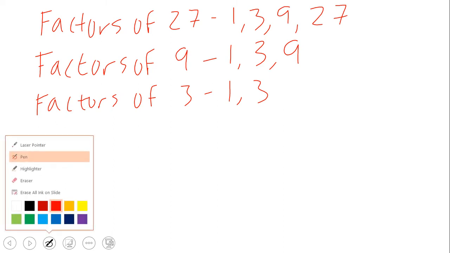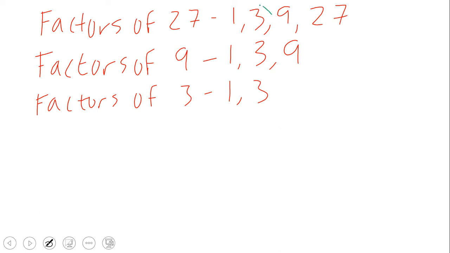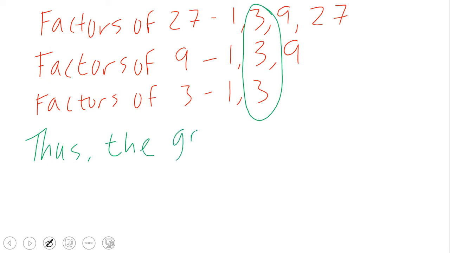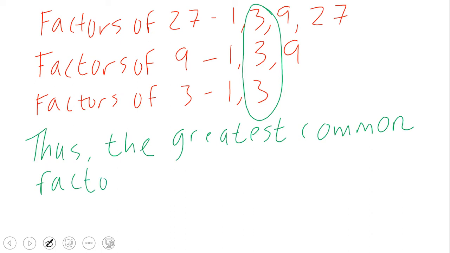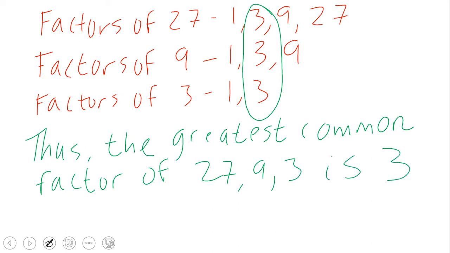So what is the greatest common factor? 3. Very good. Thus the greatest common factor of 27, 9, and 3 is 3.